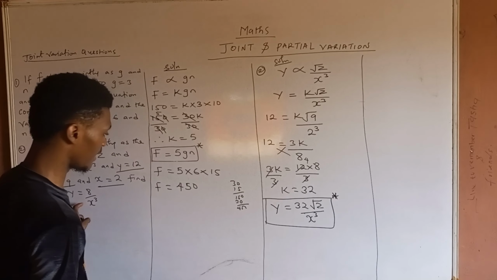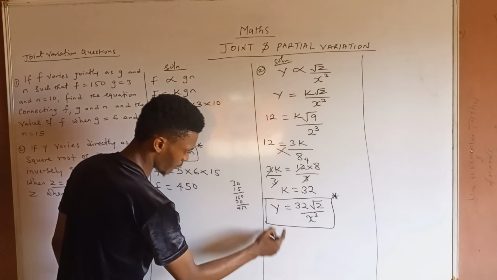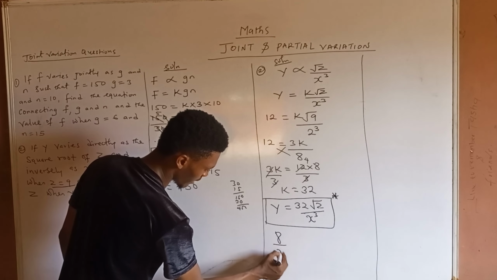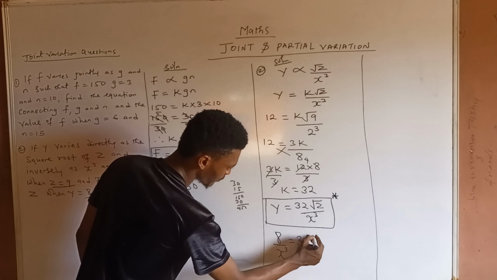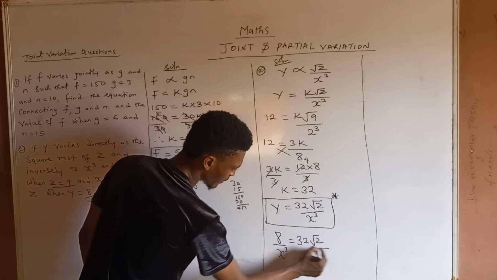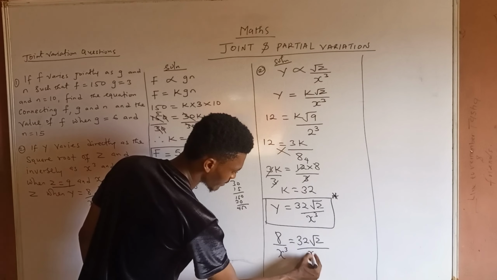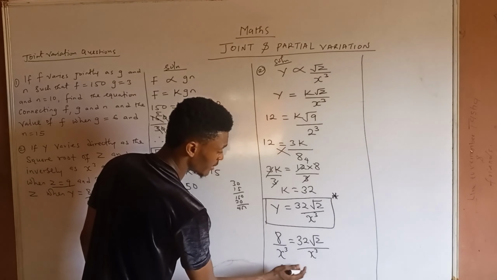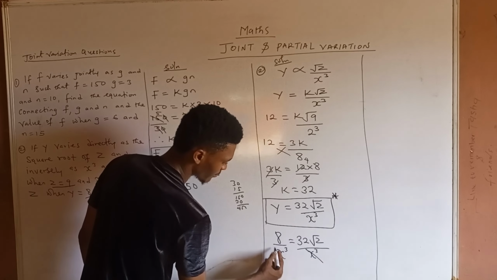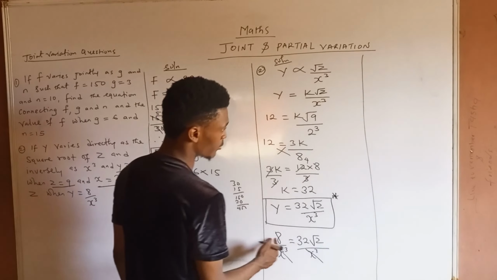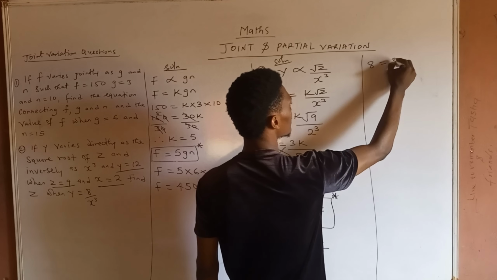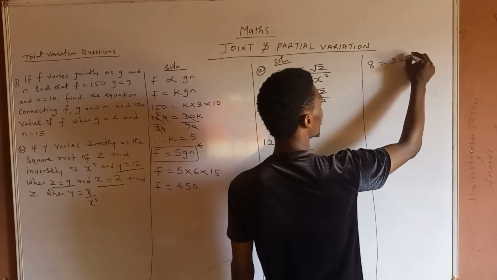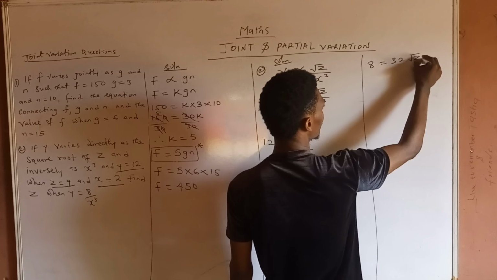So we are told to find z, very easy. Our y is given to be 8 over x cubed. So in place of y, it becomes 8 over x cubed equal to 32 root z over x cubed. Since we have common denominators, you can easily strike out, and then you are left with 8 equal to 32 root z.